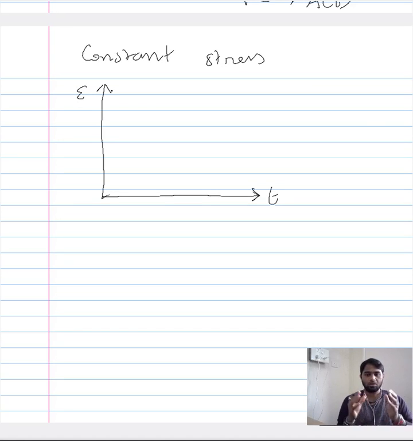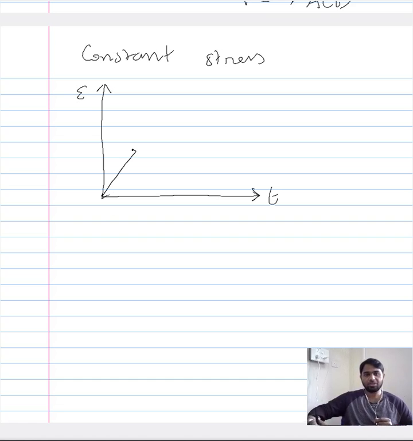Now let me give you a straightforward, conventional picture of how a metal or a crystalline structure would respond when you impose a constant stress for a prolonged period of time. When you expose a crystalline material, say a metal or alloy, to a definite load for a prolonged period of time, the curve in general looks something like this.